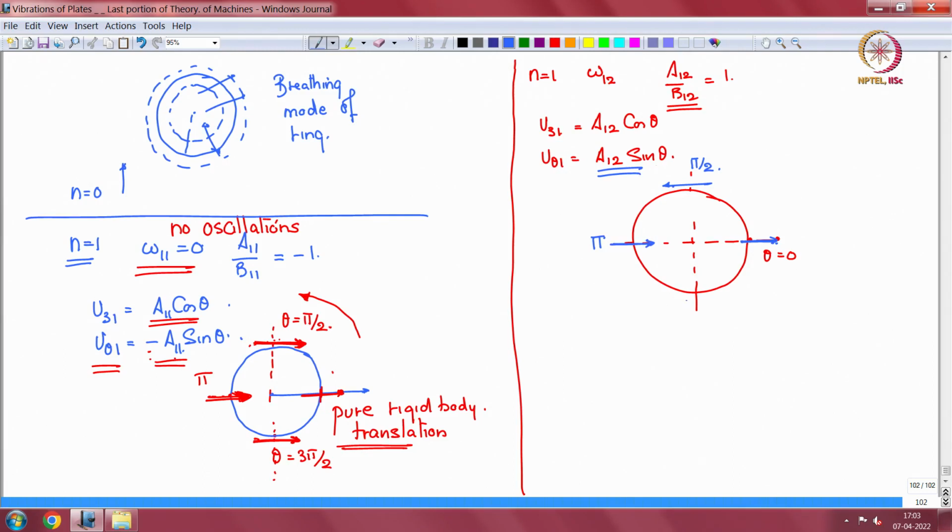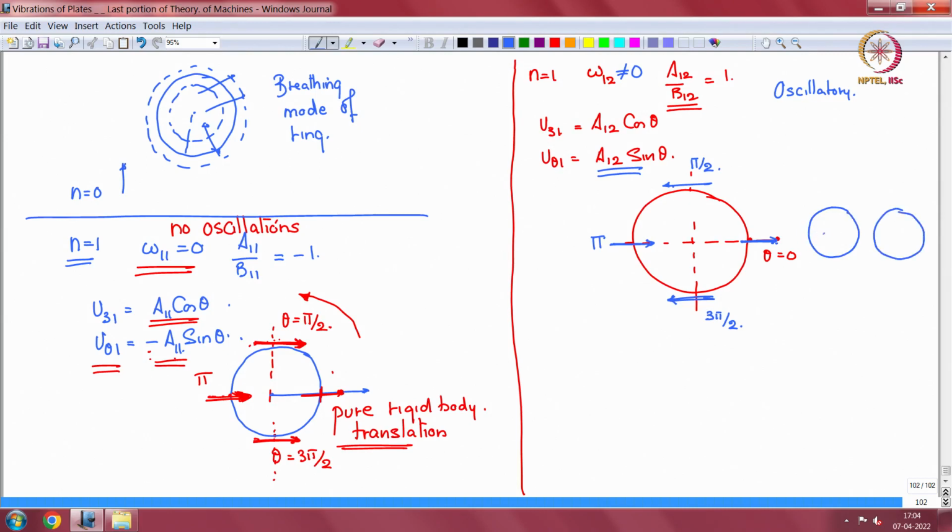And then at theta equal to 3 pi by 2, cos theta is 0, sin theta is negative, so this is this way, negative torsion, and omega 12 is not equal to 0. So this is an oscillatory movement. So you can see both happening here. In the radial sense, this ring is oscillating back and forth.